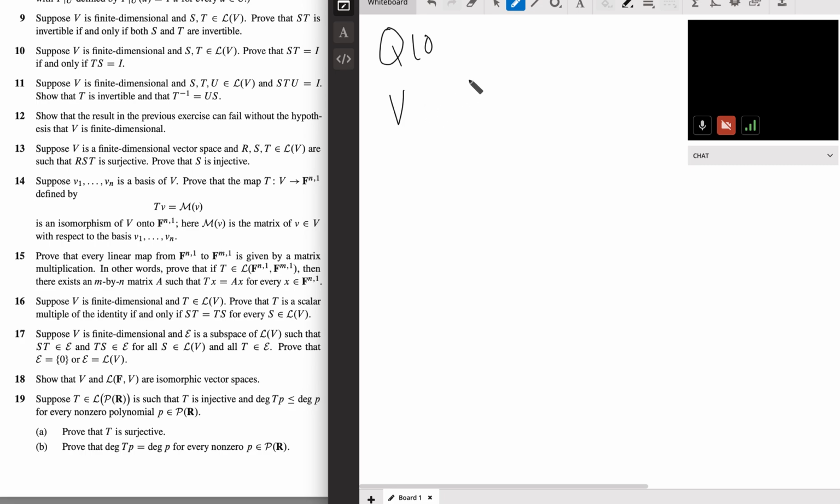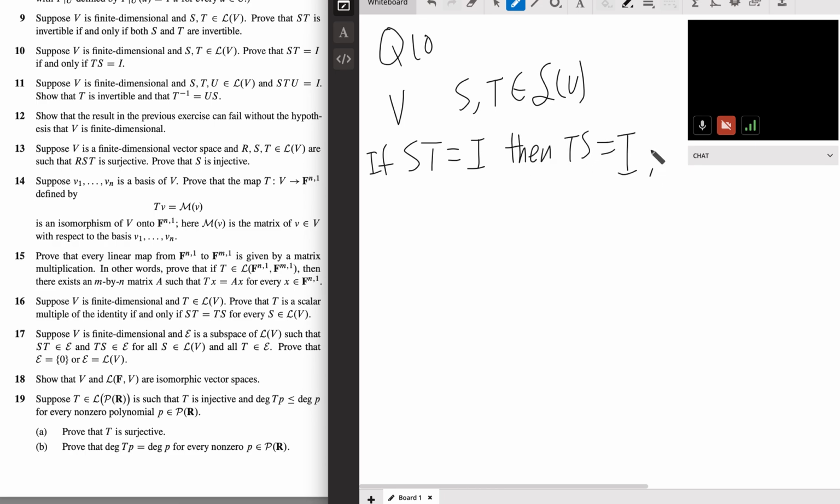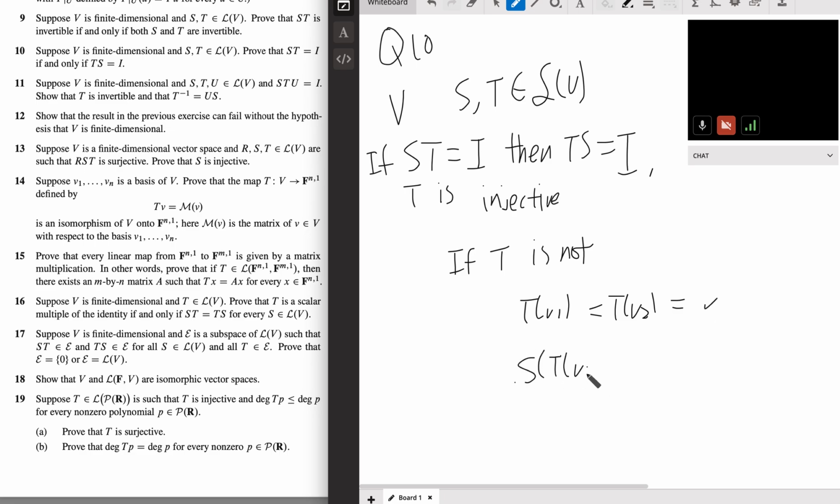Suppose V is finite dimensional and S, T are both inside the space of operators, and prove if S composed with T is I, then T composed with S is also I, right? So first things first, we note that T is injective, because if T is not, and T of V1 equals T of V2 equals V, then how do you define S, right?